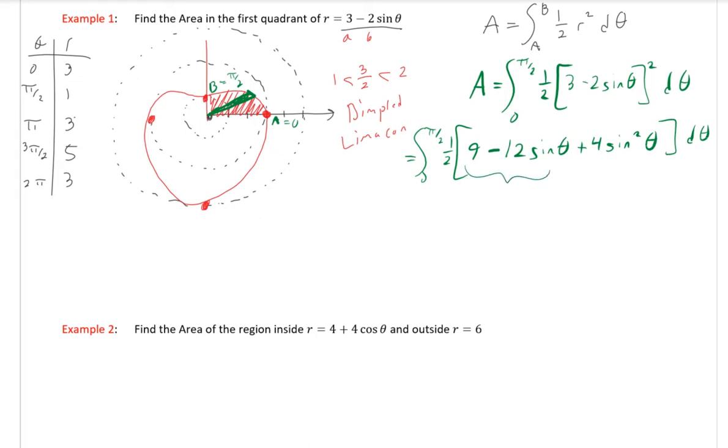This we could take the integral all day, but sine squared theta we need to replace, and what we can replace it with is the double angle identity, or the power identity, of 1 minus cosine of 2 theta divided by 2. That's what we can replace sine squared with.